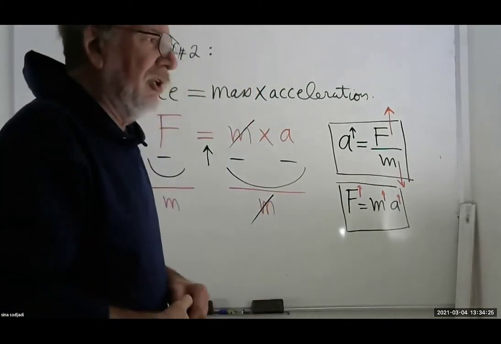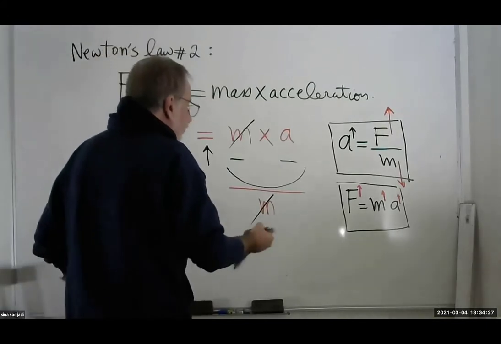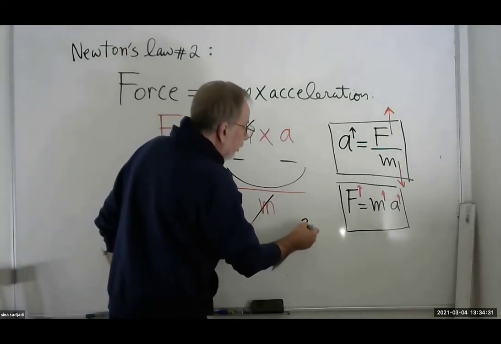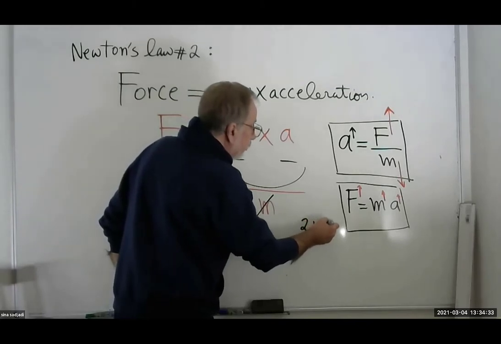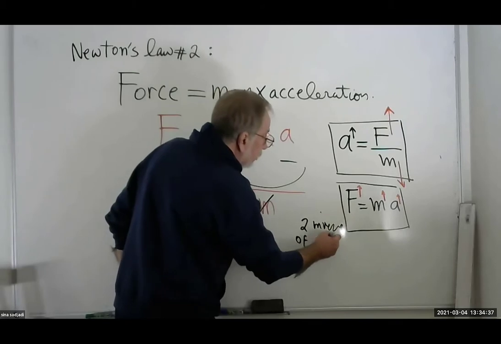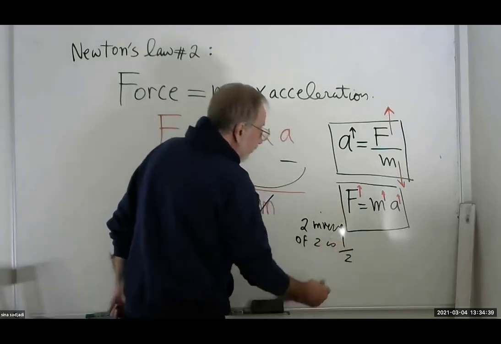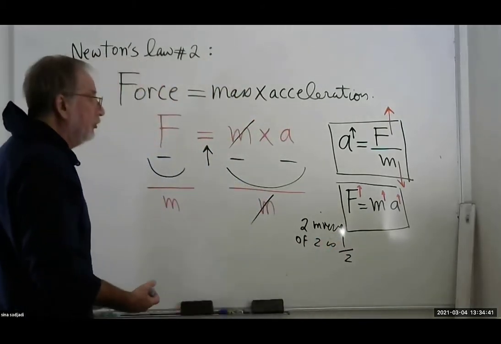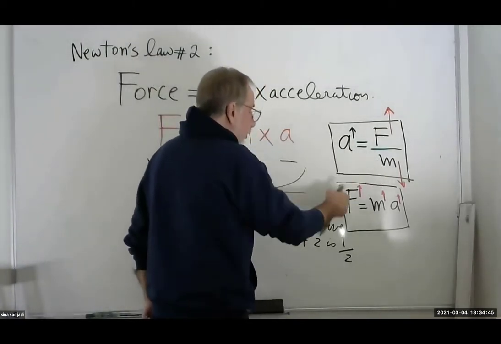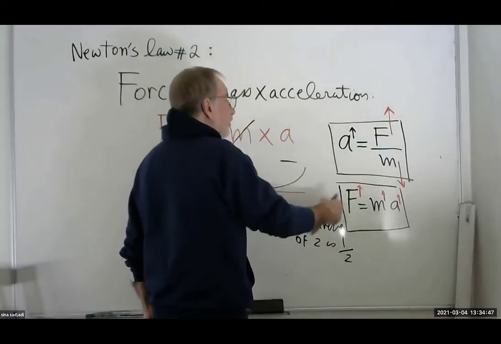There you go. What's an inverse? Well, inverse of a number is 1 over that number, like 2. Inverse of 2 is 1/2. 1 divided by 2 is the inverse of 2. So this is 1 divided by m, right? This would be inverse of m.